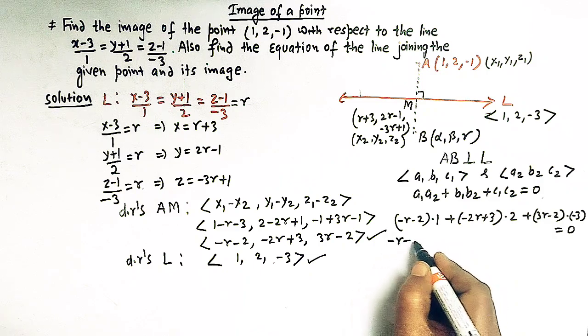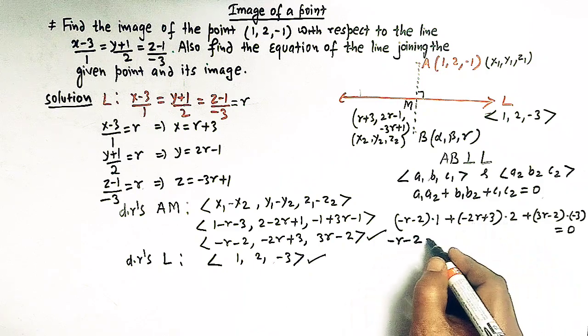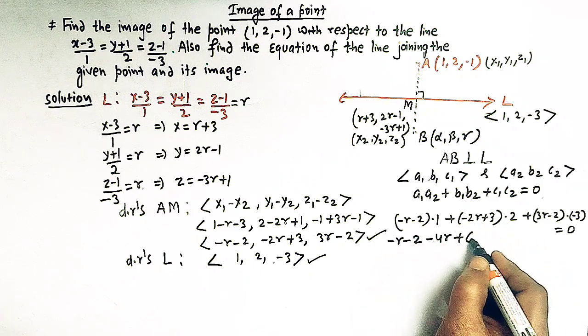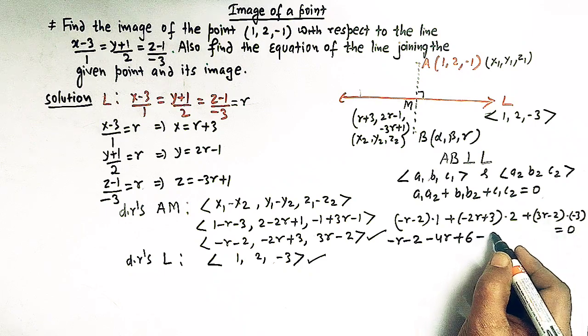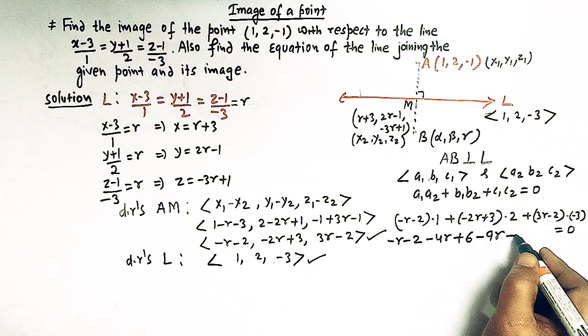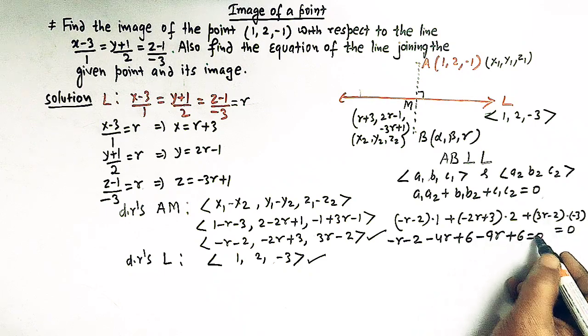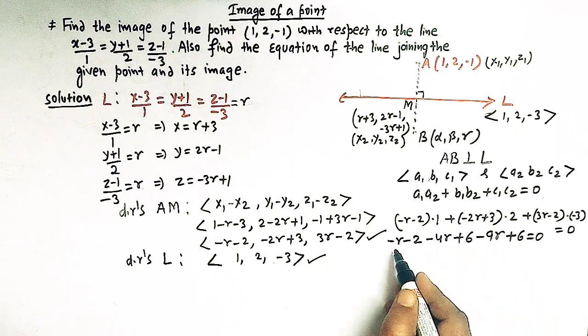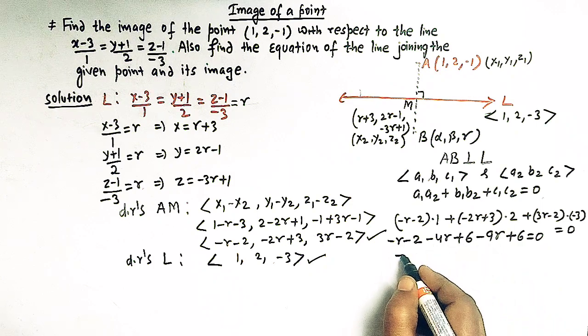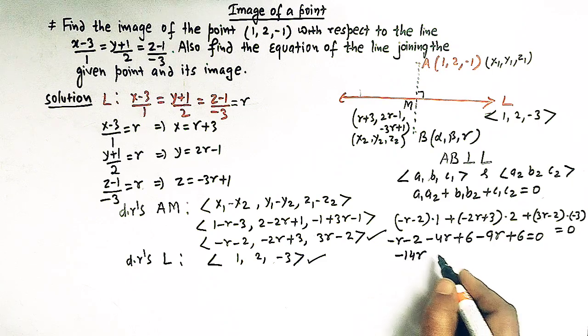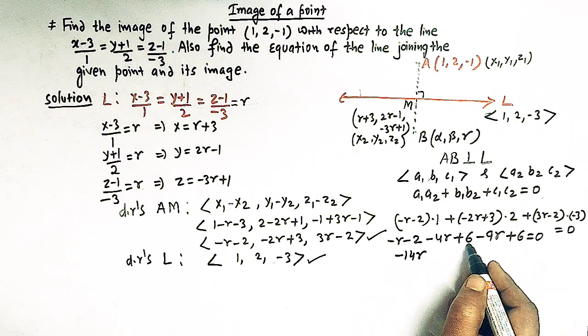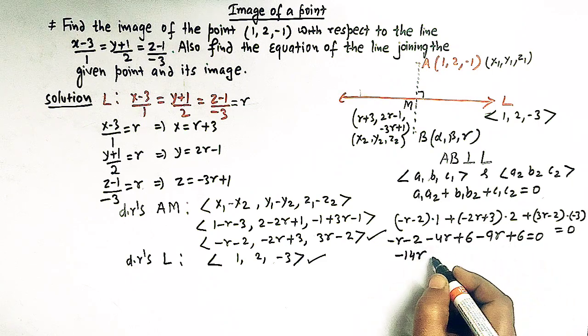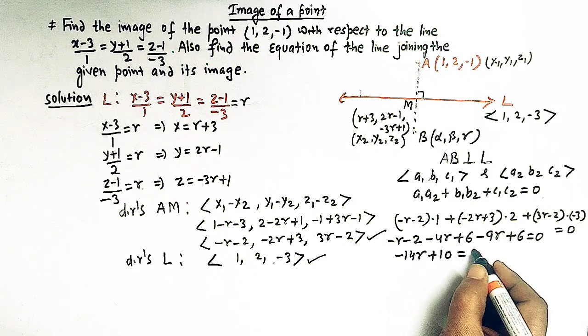So we have minus r minus 2, then we have minus 4r plus 6, and here we have minus 9r plus 6. Minus r minus 4r minus 9r gives minus 14r, and here we have 6 plus 6, 12. 12 minus 2 is 10, right?